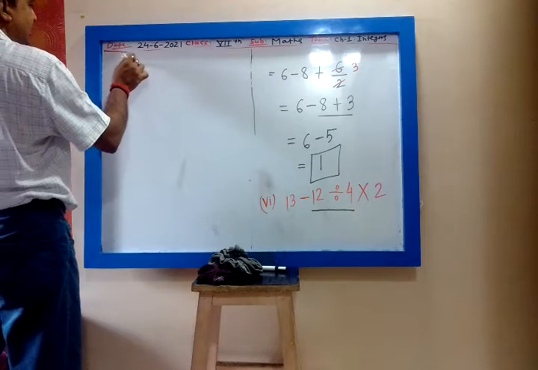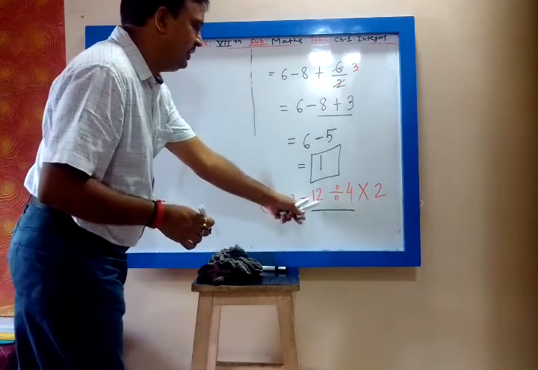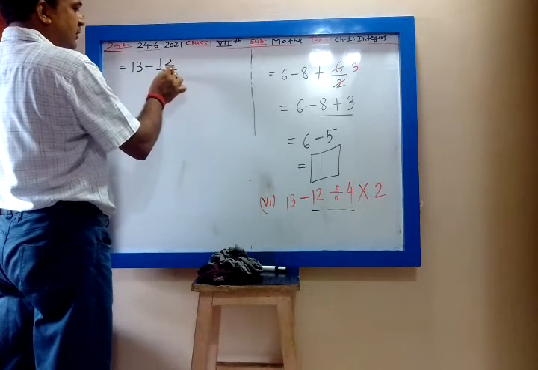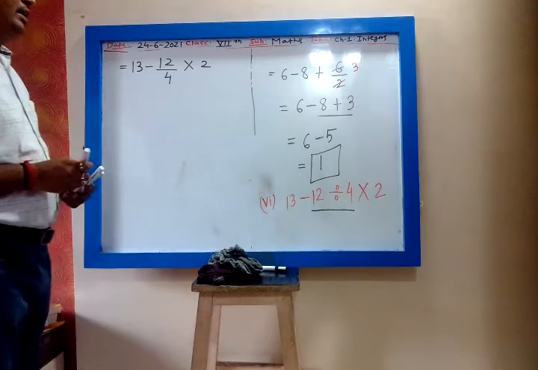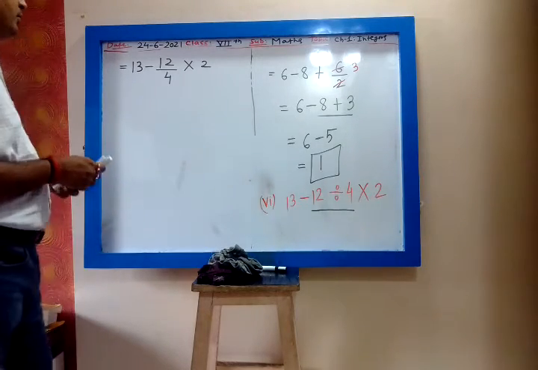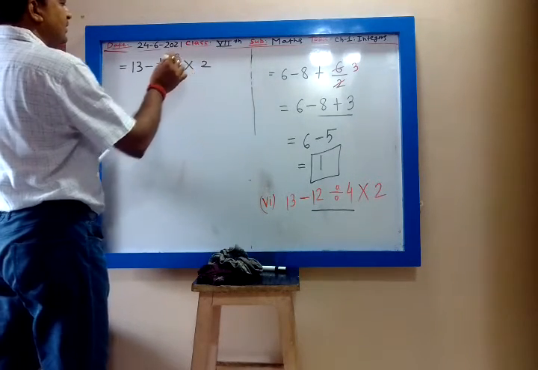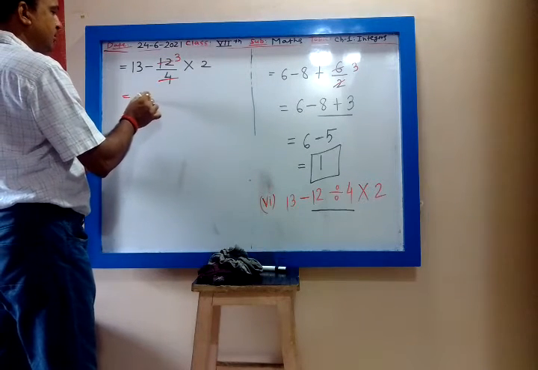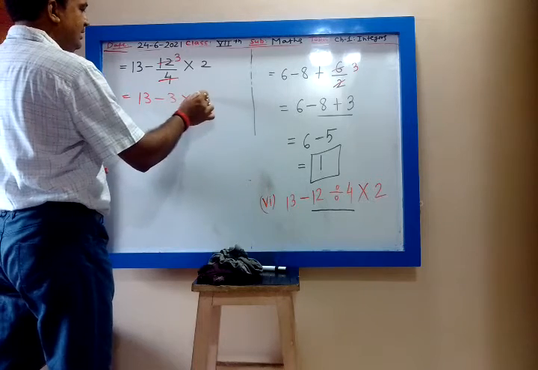So that will be 13 minus 12 divided by 4, I can write 12 upon 4, into 2. Then you can cancel. 4 ones are 4, 4 threes are 12. So this becomes 13 minus 3 into 2.